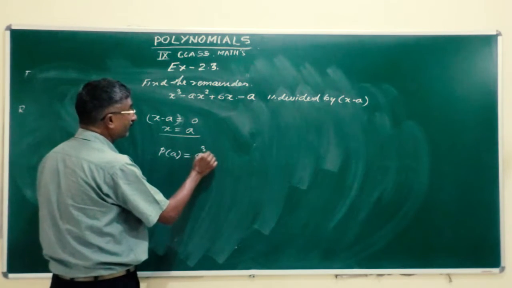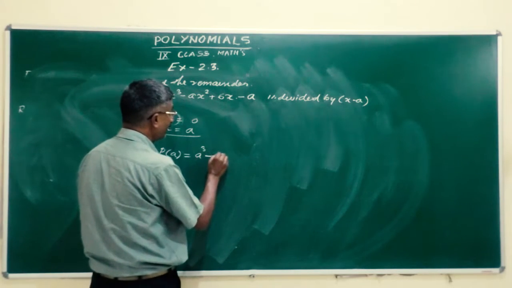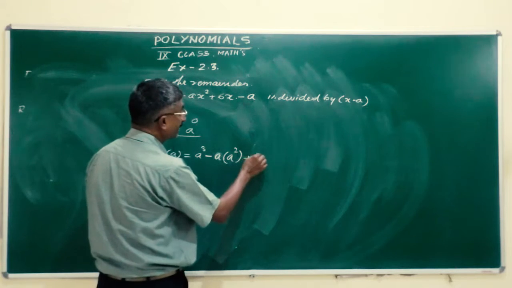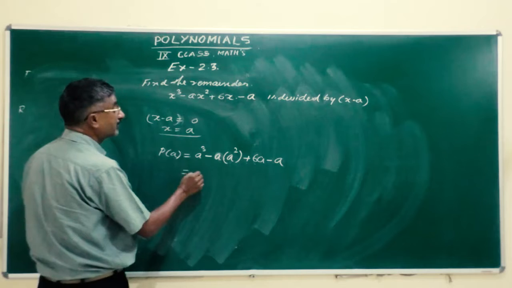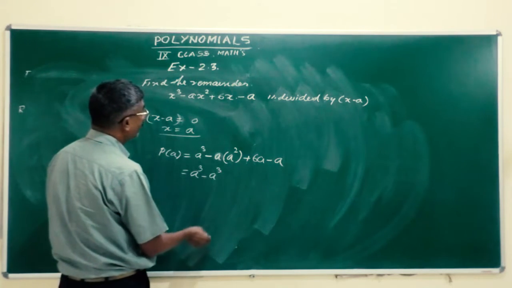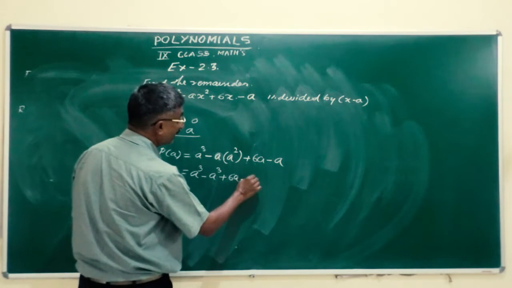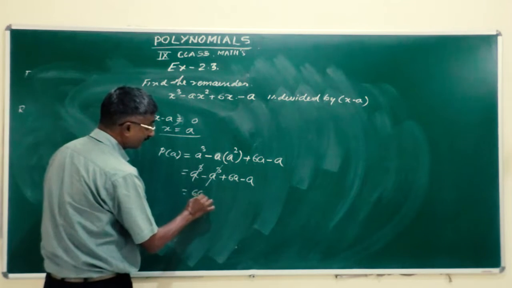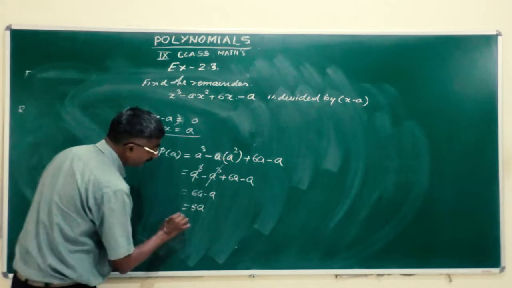So, a cube minus a into a square plus 6a minus a. This is equal to a cube minus a cube plus 6a minus a. So a cube cancels, and 6a minus a is equal to 5a.